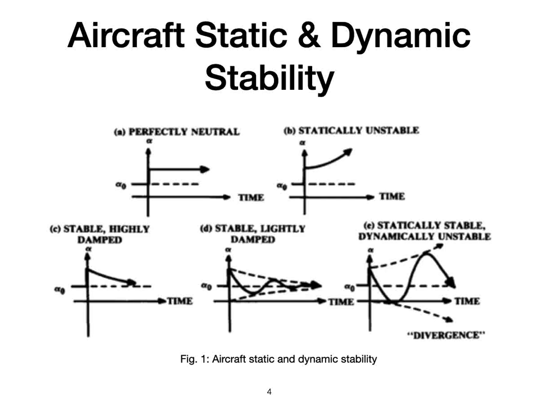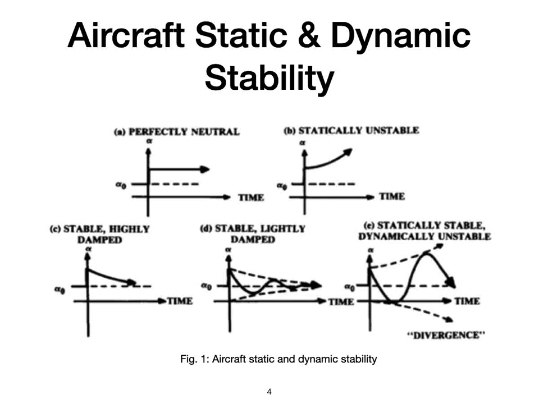Figure B shows the static instability. The forces produced by the greater pitch angle actually cause the pitch angle to further increase. Pitch up is an example of this. In figure C, the aircraft shows static stability with very high damping.